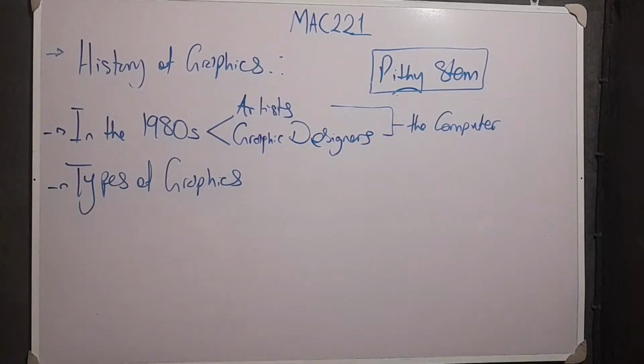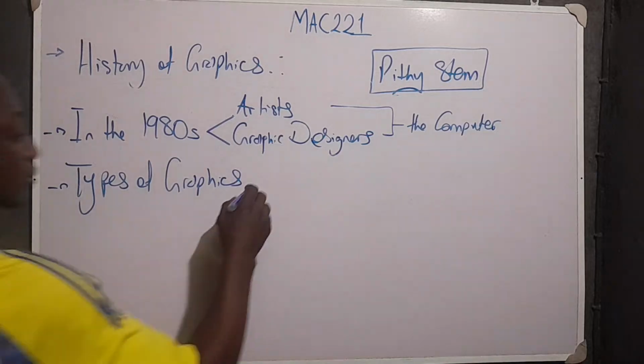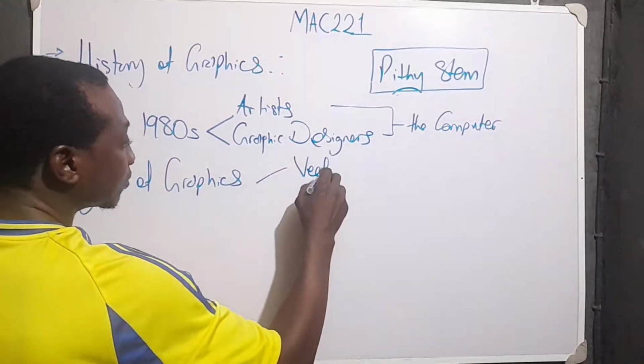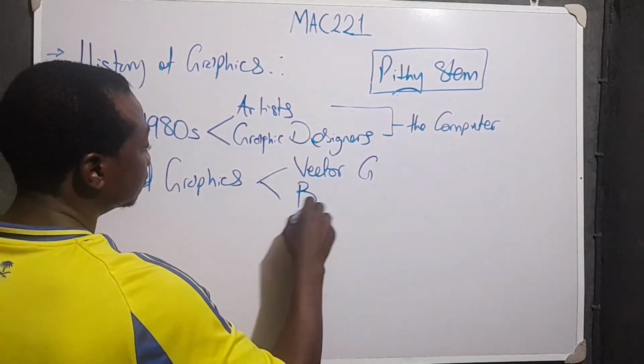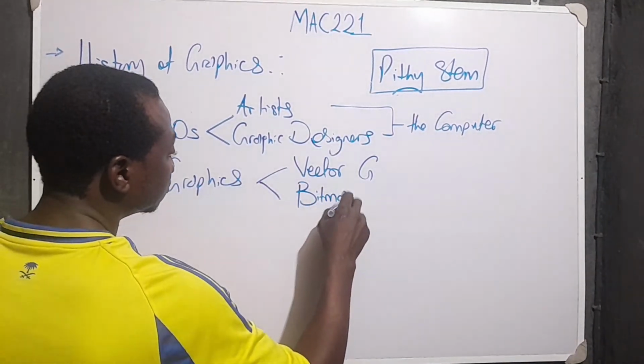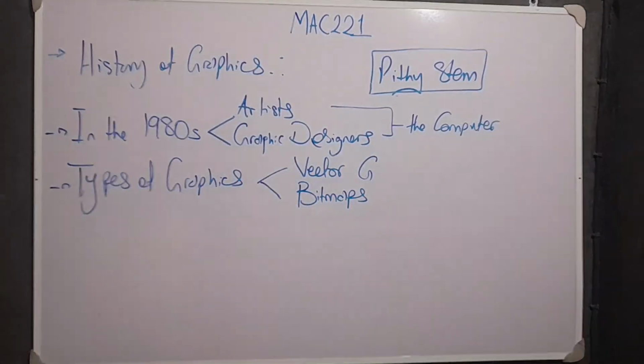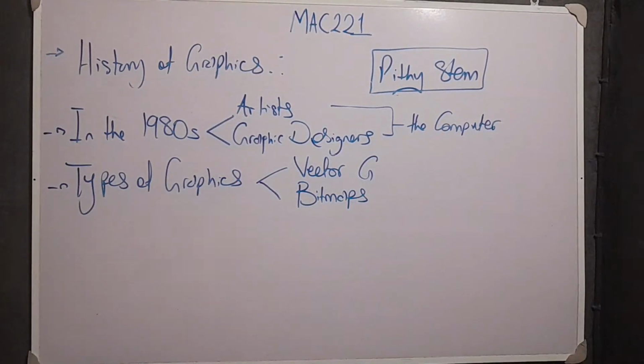Okay, the types of graphics. Now, there are two main types of graphics, namely vector graphics and bitmaps.